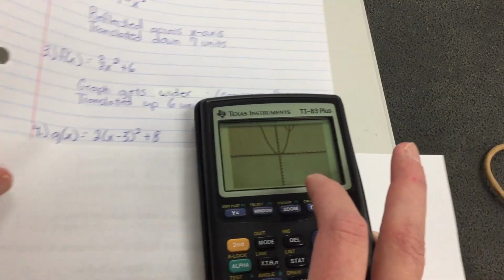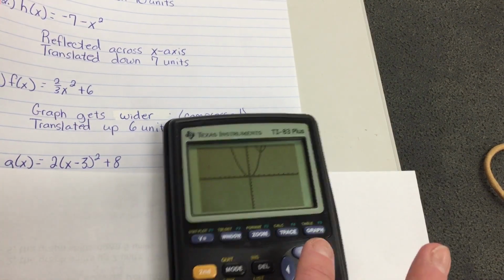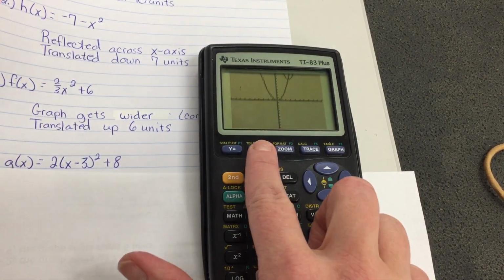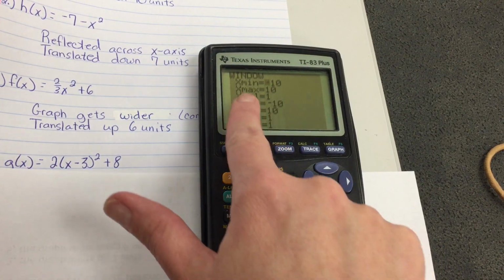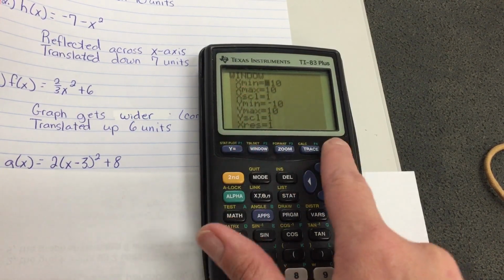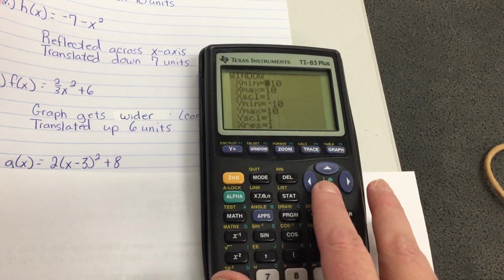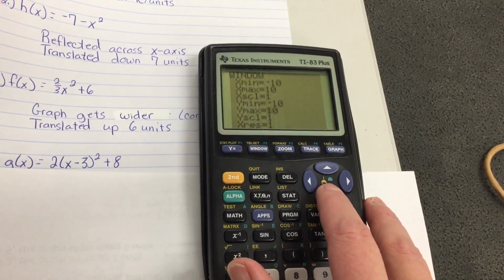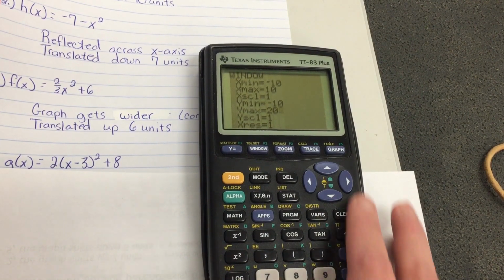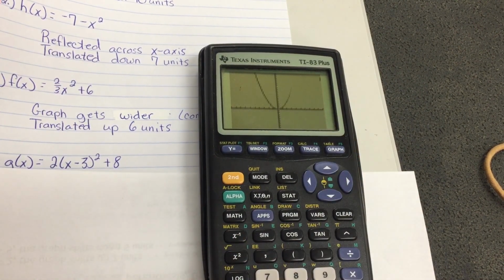It's real hard to see what's going on with our parabola, so I'm actually going to hit window. Now, this is asking about our x values. We don't need to go with our x values. We actually need to lift our y values up. So the y maximum is only letting me go to 10. Let's go ahead and bump it to 20. There, that gives us a little better picture, okay?